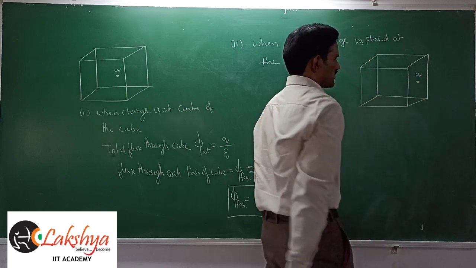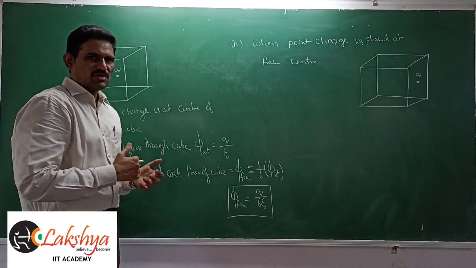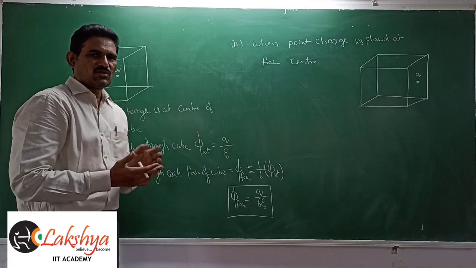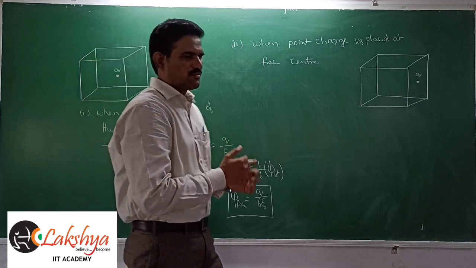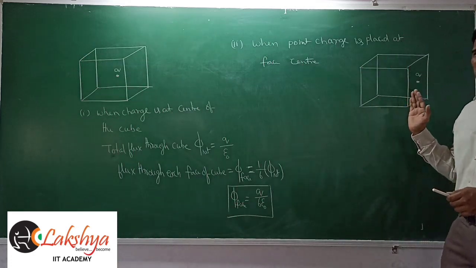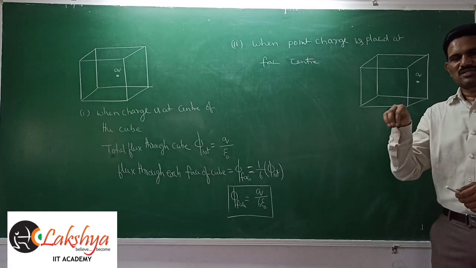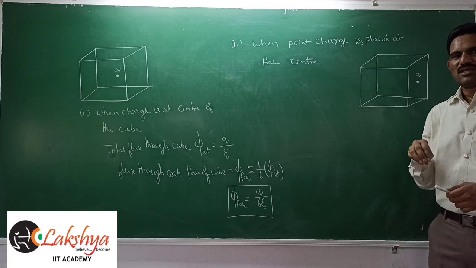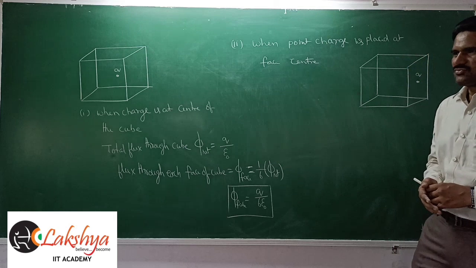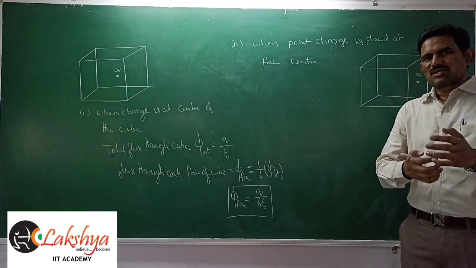Similar to our previous hemisphere problem, when the charge is placed at the center of the hemisphere, we consider that the charge belonging to that hemisphere is only Q by 2, right? So here also the same concept. Whenever the point charge is placed on the boundary of a given surface, we need to take that the charge belonging to that surface will be only half of the charge. Actually we need to consider a symmetrical object, so that it forms a complete object there.